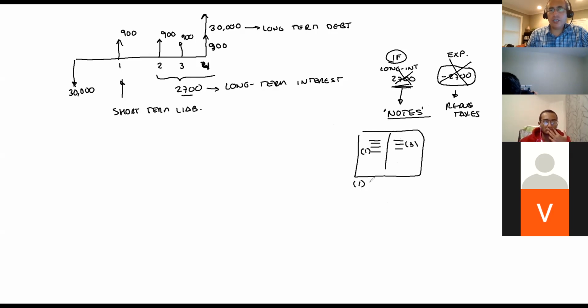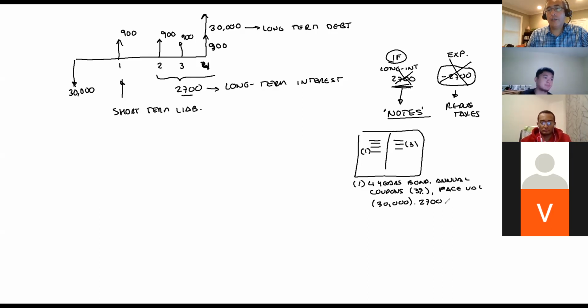So they're going to say 4 years bond, annual coupons, 3%, principal or face value is 30,000, and 2,700 should be paid in the second, third, fourth years. Something like that, and that's the way it should go.